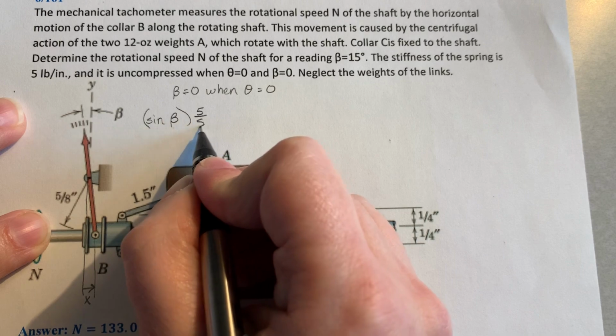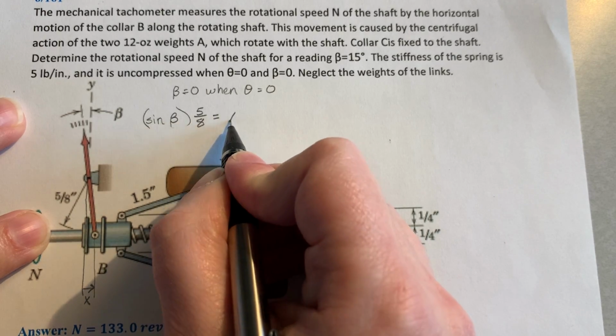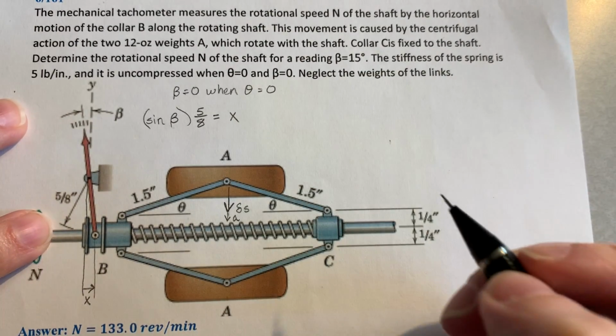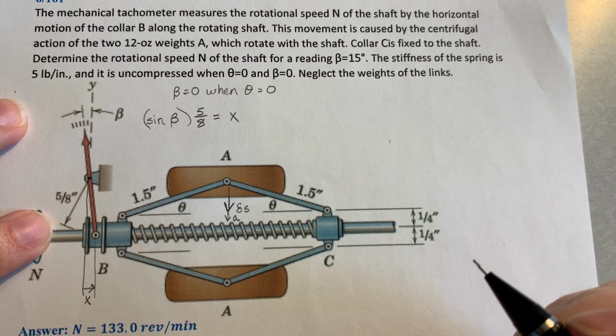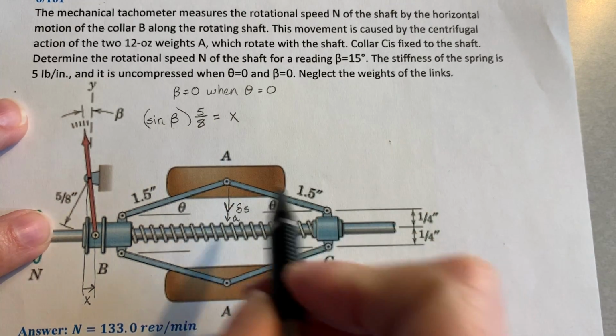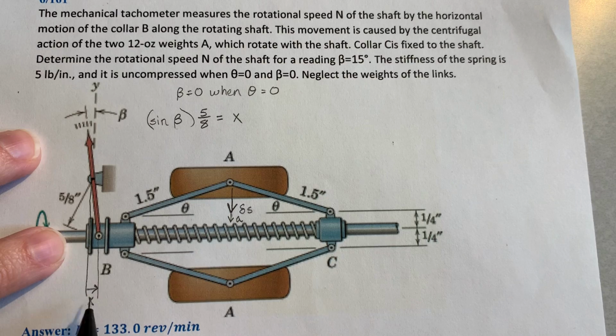It's going to equal x. And so that means for this problem, and we know 15, we can calculate x. All right, so we're going to know some x here.